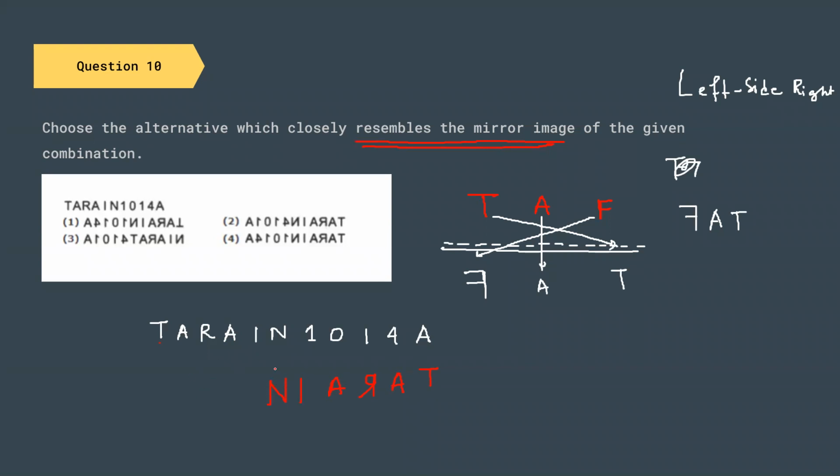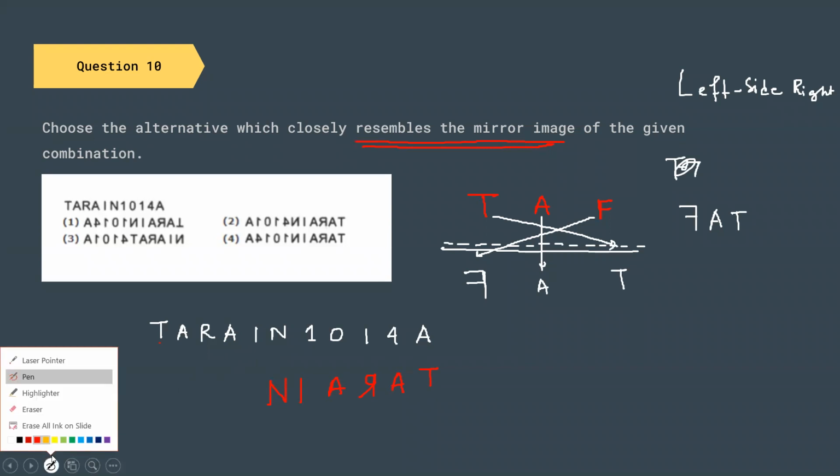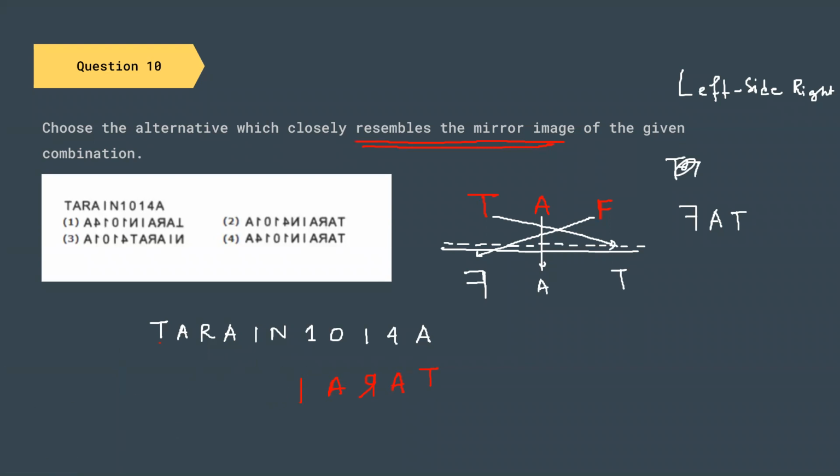I think I have made a mistake here. N is going to look like this. Then 1 is going to look like this.